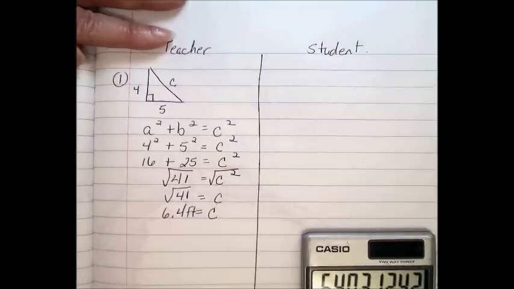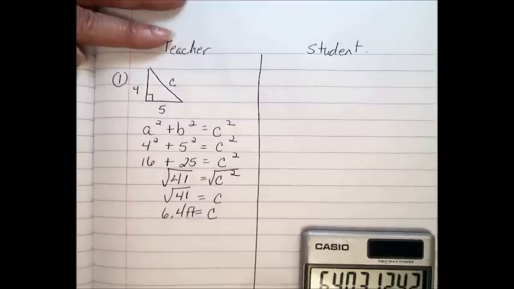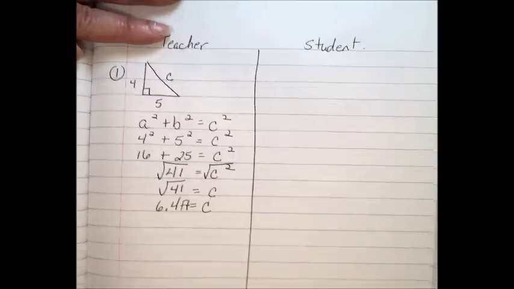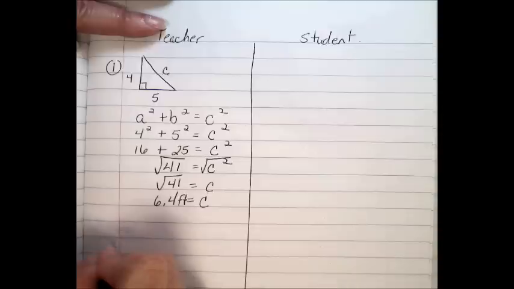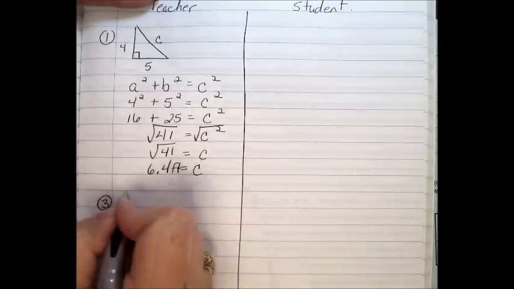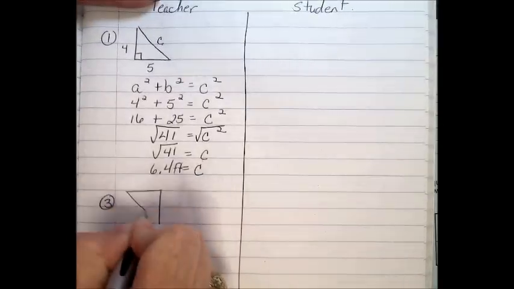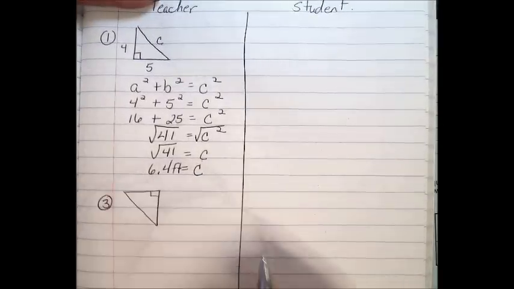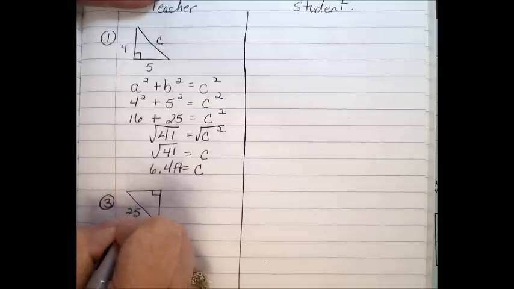I'm going to skip down to number 3. Three gives me this triangle. It tells me that this is 25 and this is 15, and I don't know my A value.